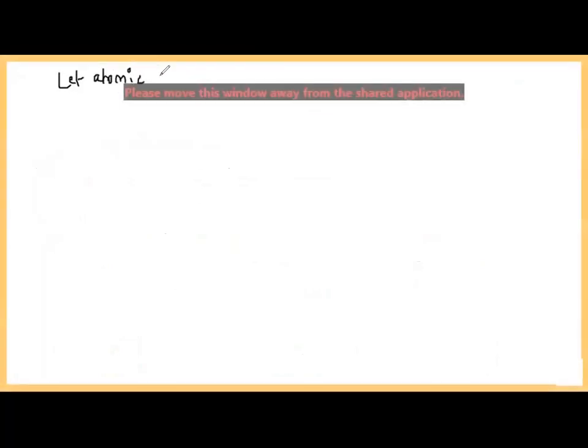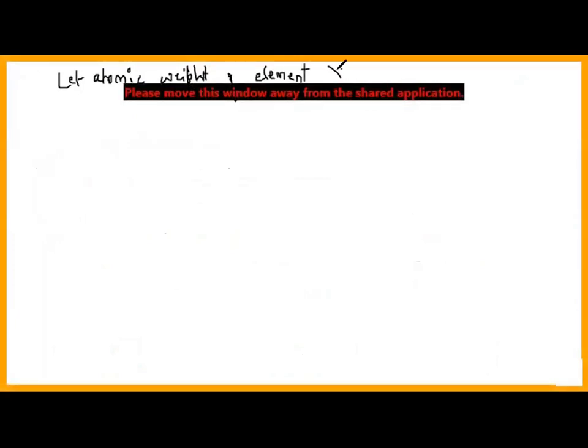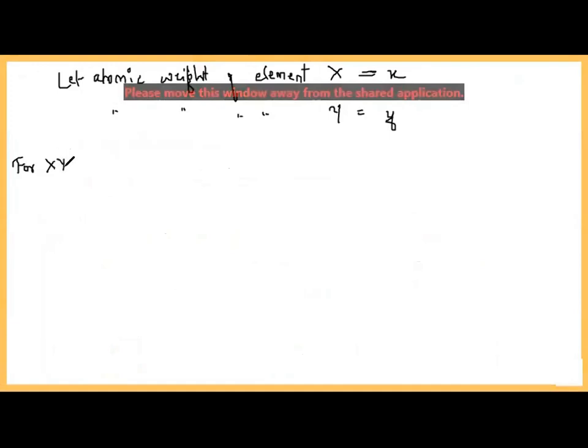So, let us consider, let the atomic weight of element X be small x, and the atomic mass of element Y be small y. Let me consider it like this. There is a compound, they say XY2.